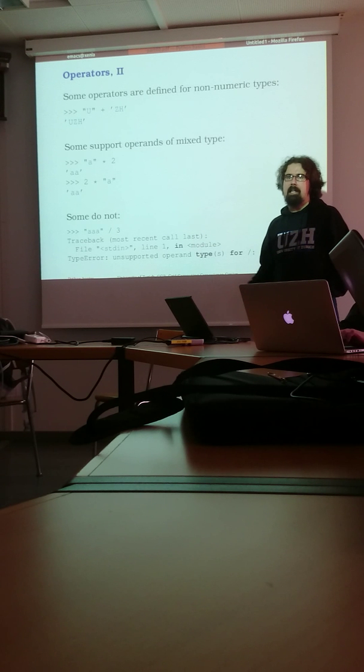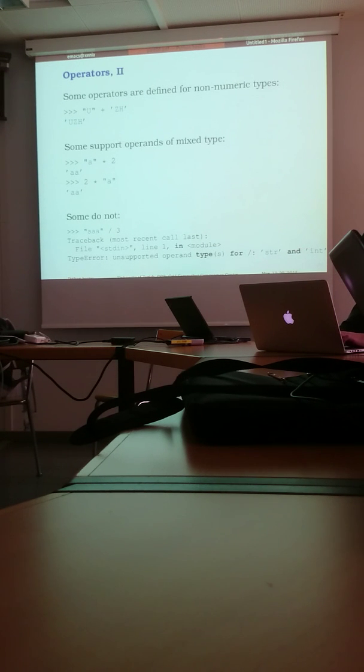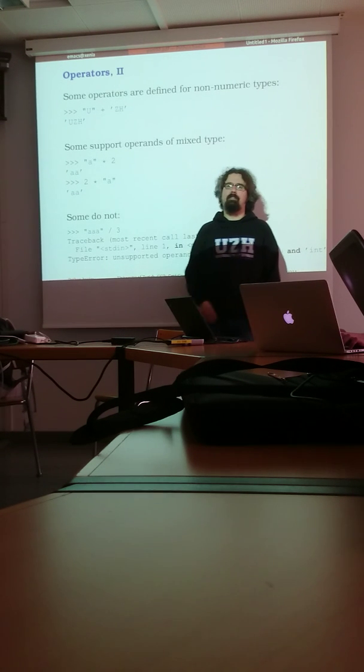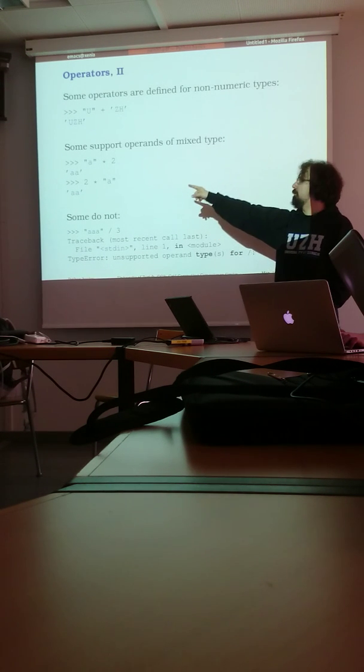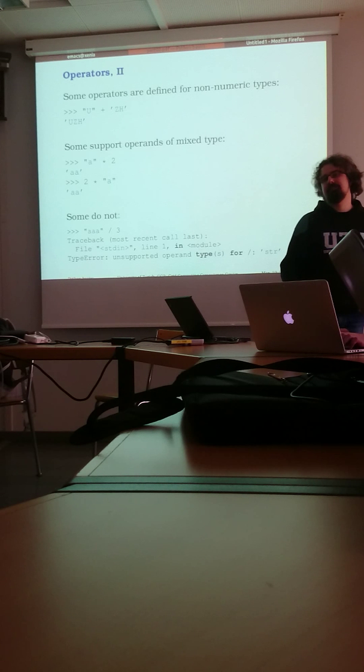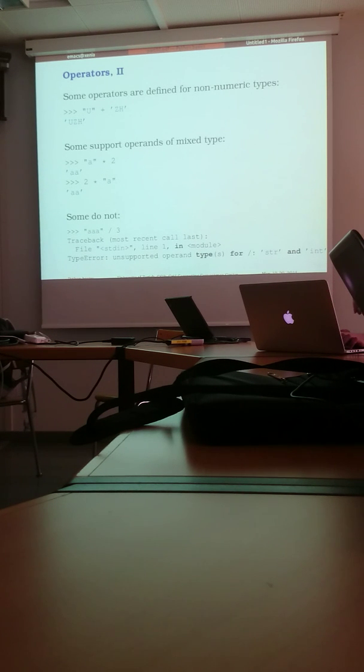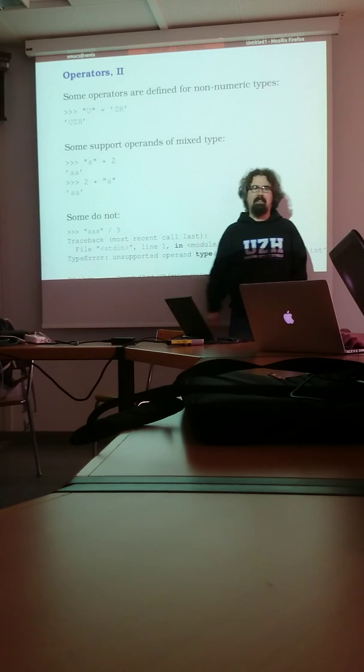We all know that multiplication is a shortcut for adding something many times, and Python is consistent with that, in that you can multiply a string by a number and you just get repetition of that string. So a times 2 is AA. And order is not important in this case. But you cannot divide a string by a number.